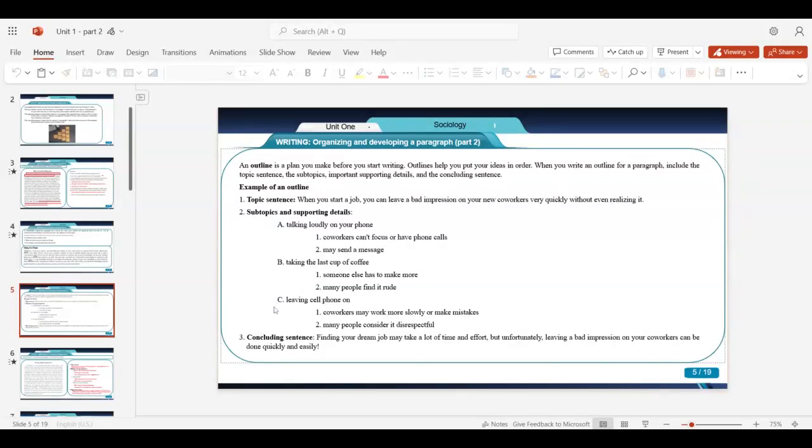And C, leaving your cell phone on. In this case, number one, coworkers may work more slowly or make mistakes. Many people consider it disrespectful. Okay, then we move to the last part, number three. It's the concluding sentence.